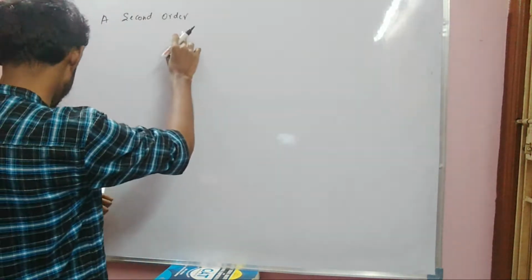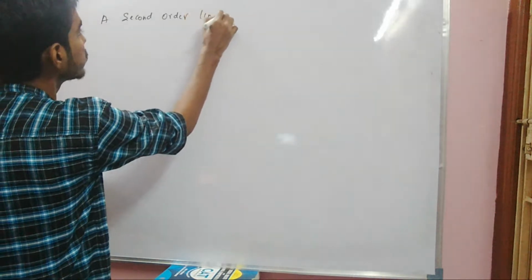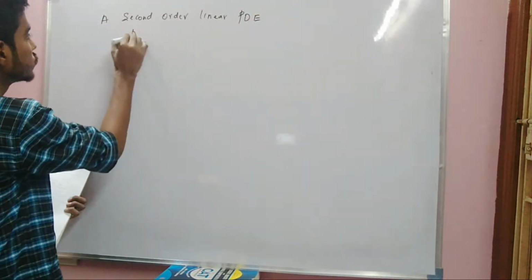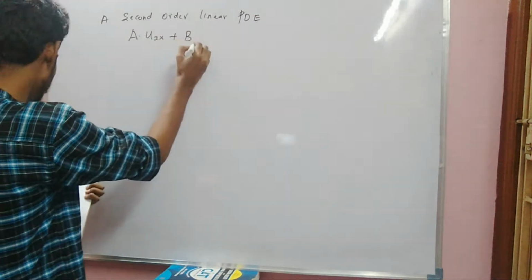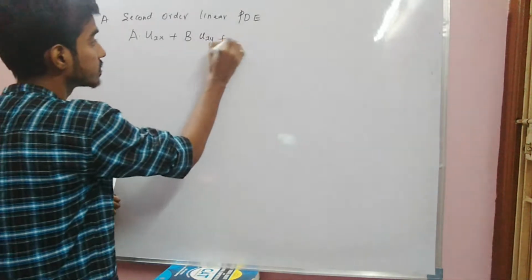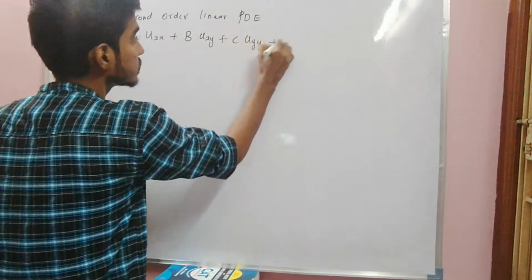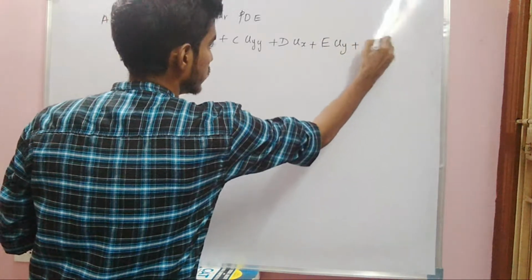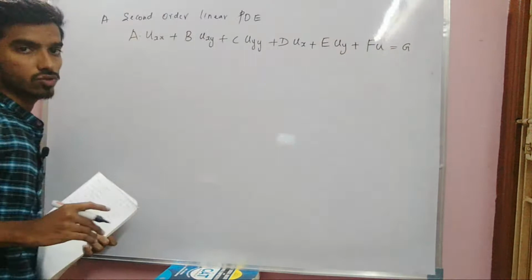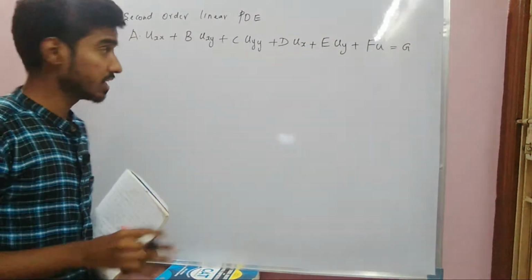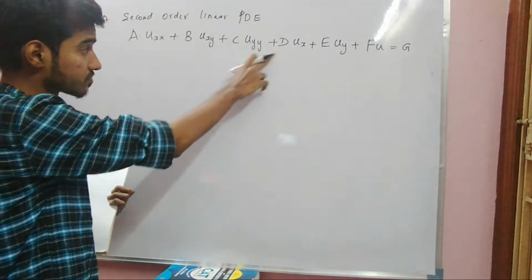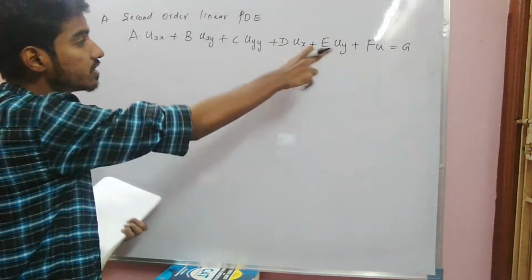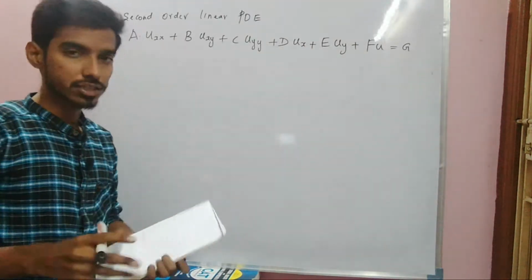A second order linear PDE has the general form A uxx plus B uxy plus C uyy plus D ux plus E uy plus F u equal to G. So this is the general form for a second order PDE, where the coefficients A, B, C, D, E, F, G may be constants or they can be functions of x and y.